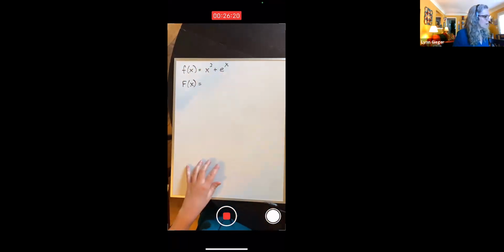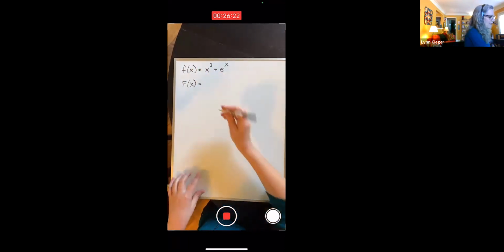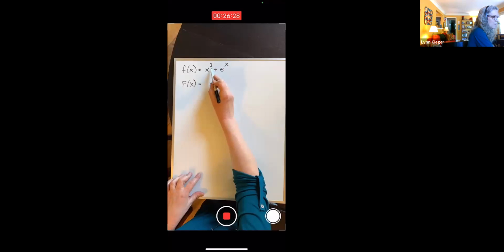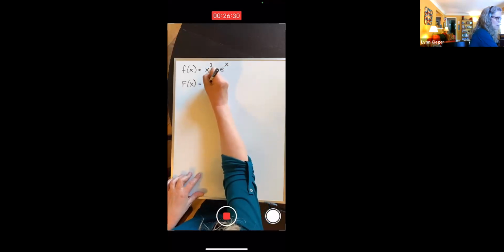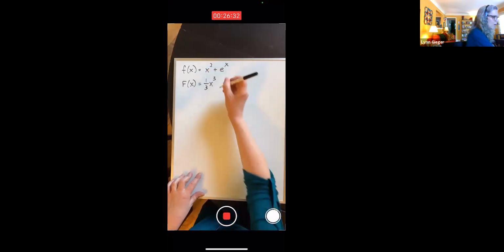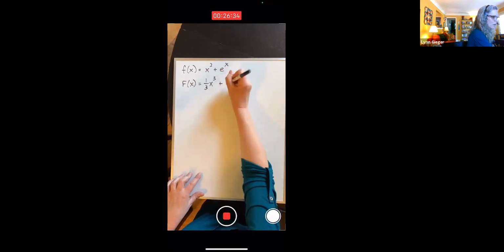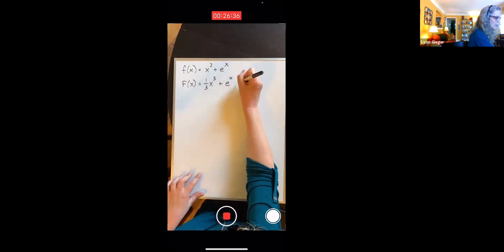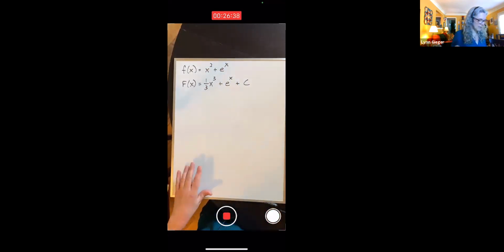So the antiderivative family, big F of x, we're going to apply our antiderivative properties for the power function. So I'll raise my power by 1 and then have 1 over that new power. The antiderivative of e to the x is just e to the x and then plus c.